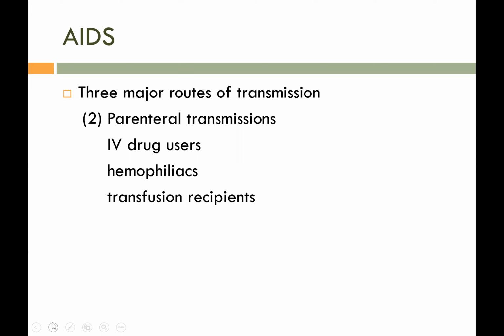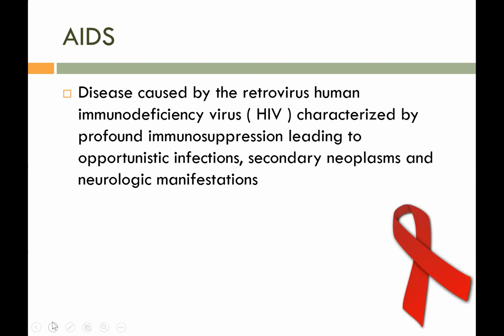Other means of transmission would include parenteral transmission, for example, drug addicts, who are at risk because of using repeated needles. Hemophiliacs and transfusion patients are of course also at risk because of the blood transfusion that they usually have to undergo.